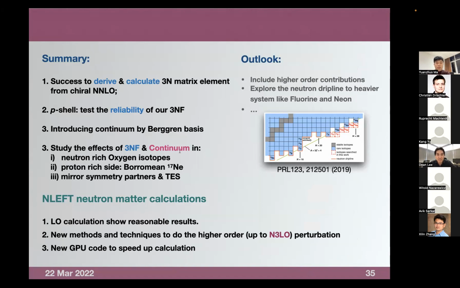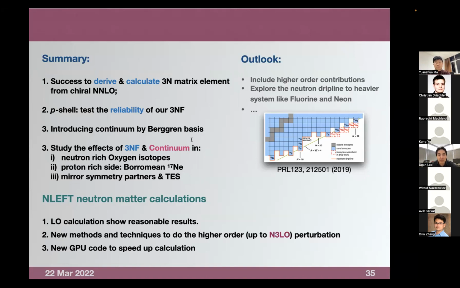With the help of the Berggren basis, we can introduce continuum effects into our many-body method, which allows us to do the calculation in weakly bound nuclear systems. And to study the roles played by the three-nucleon force and the continuum, we chose three systems to study.